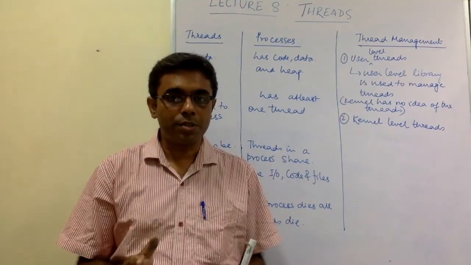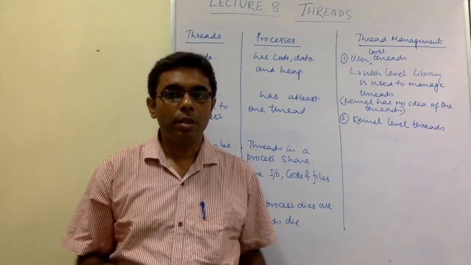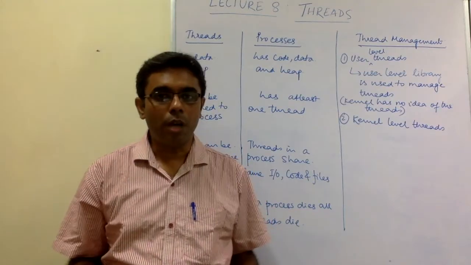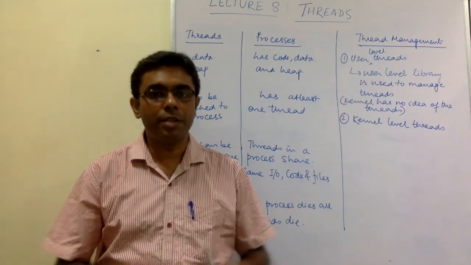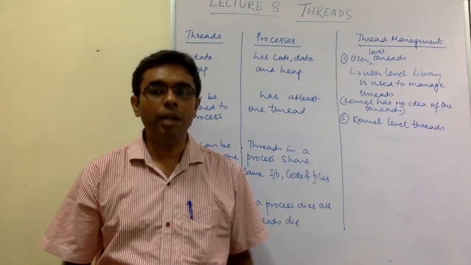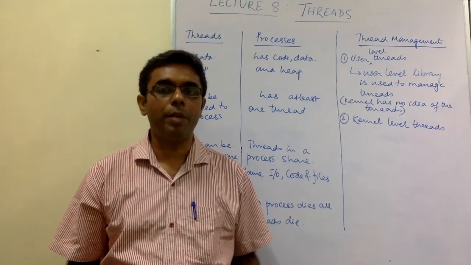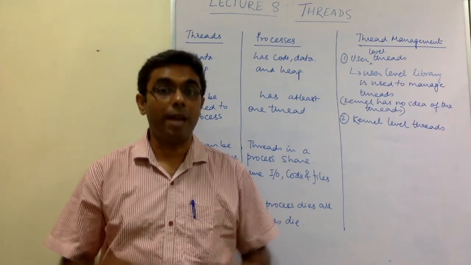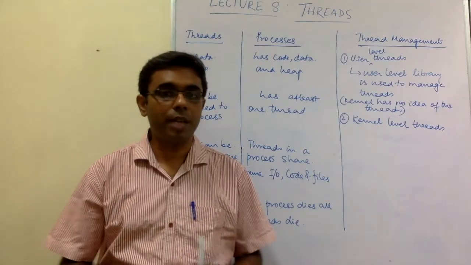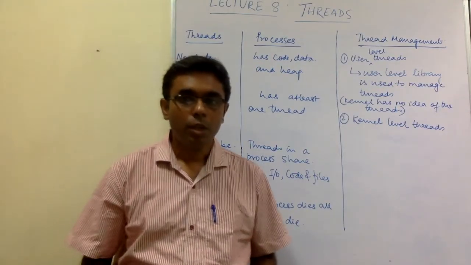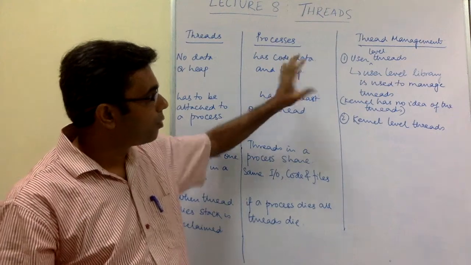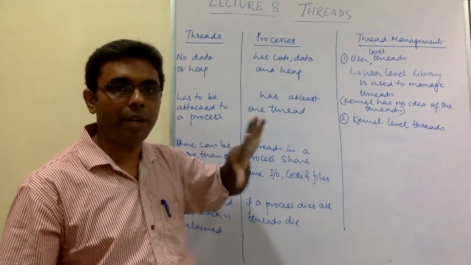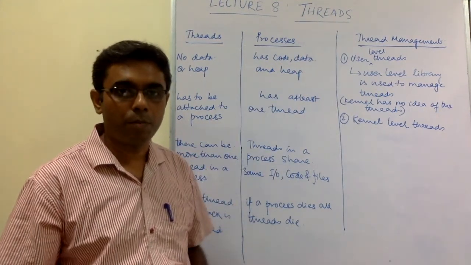The user process has used a library and it has created a certain number of threads. The kernel is completely unaware of how many threads have been created, or whether any threads have been created. It doesn't have any idea. So this is one way of handling things: make use of a library in the user space or in the user process.